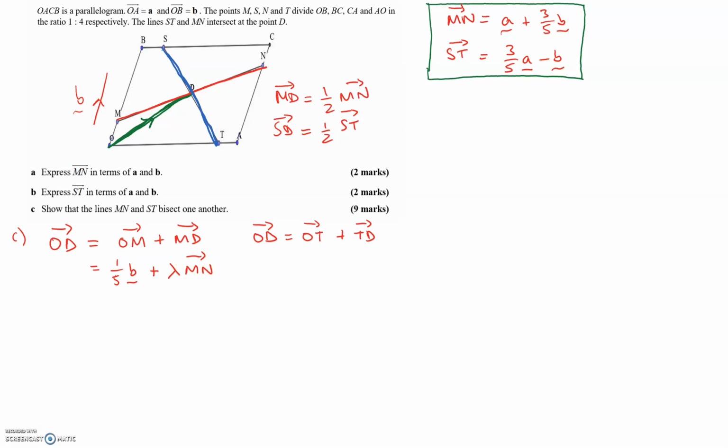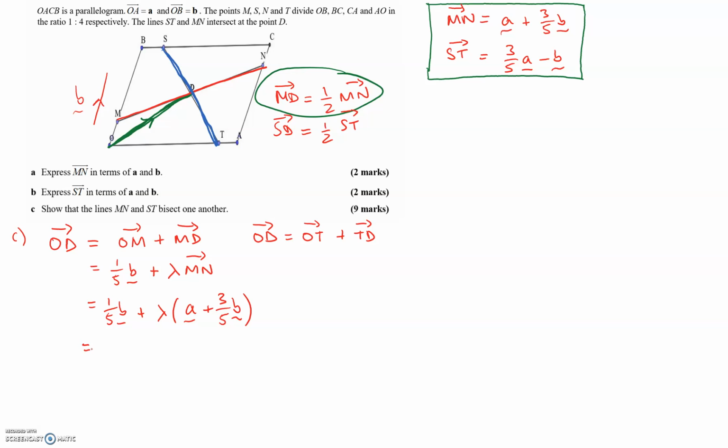So hopefully we're going to show this eventually. So lambda should be a half, but we cannot assume that for now. We know what M to N is, so I'm going to use that. So it's a fifth B plus lambda times M to N, which we found in part A. It's this. And I'm going to expand this all, and get all the A's together and all the B's together.